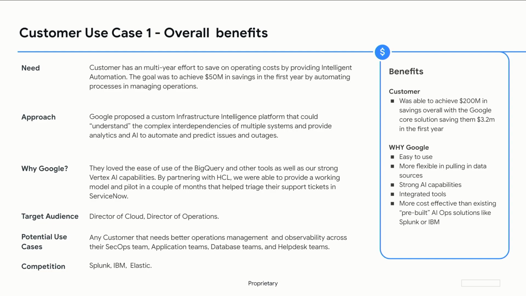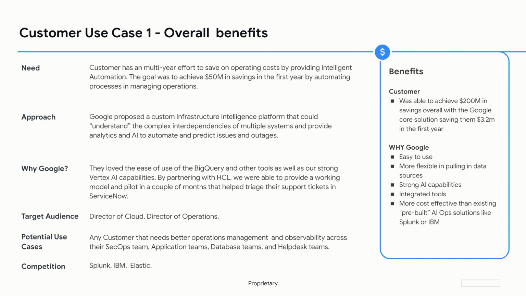And so the need was, J&J has an effort going on to reduce their spend and to reduce their operation costs by $50 million over the next few years. They looked at Google as a piece of this to try to automate some of their service tickets through ServiceNow and some other pieces. What they did was a proof of concept and wanted to understand why Google would be good at this.